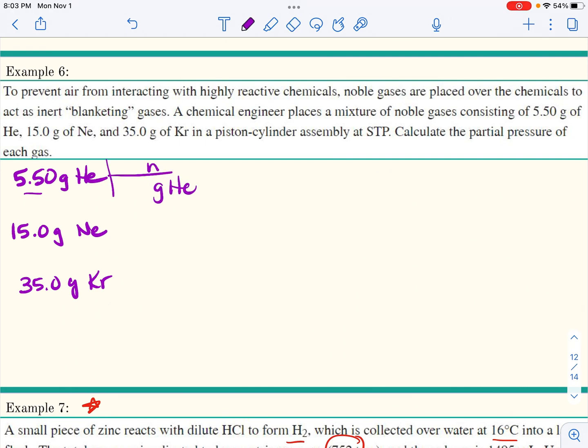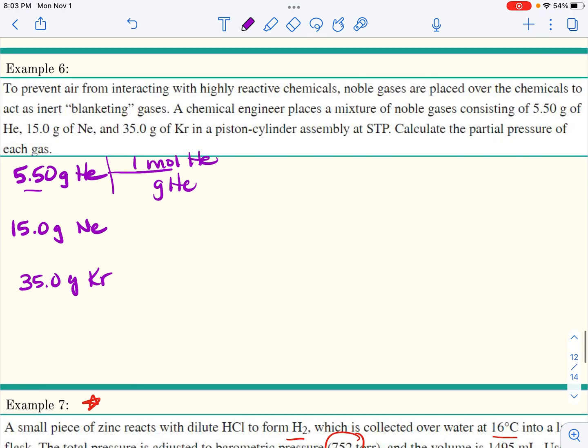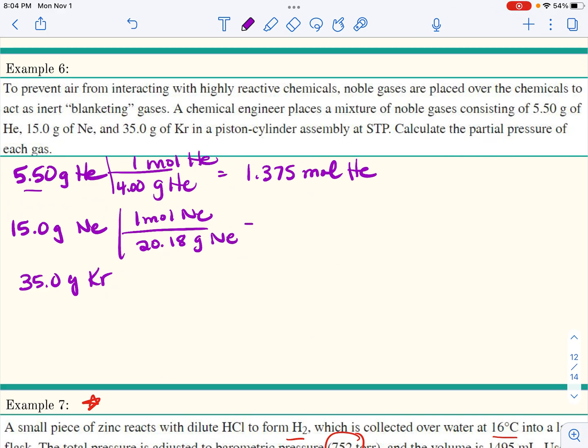So we'll convert grams of helium to moles of helium. And from the molar mass on the periodic table, 5.5 divided by 4 gives me 1.375 moles of helium. I'm going to keep long sig figs right now. I'm going to do the same with neon. 1 mole of neon is 20.18 grams of neon.